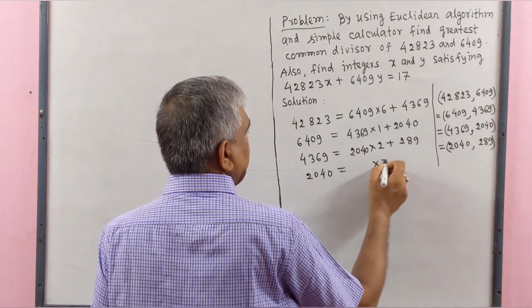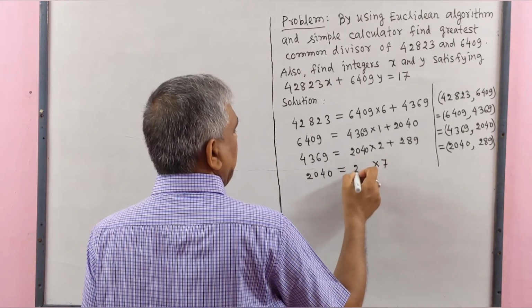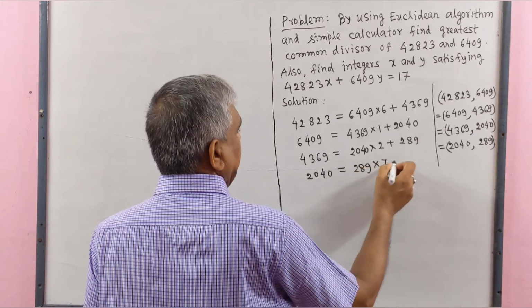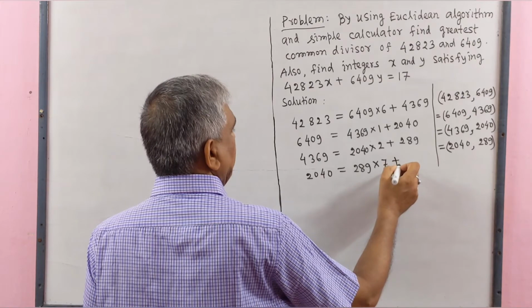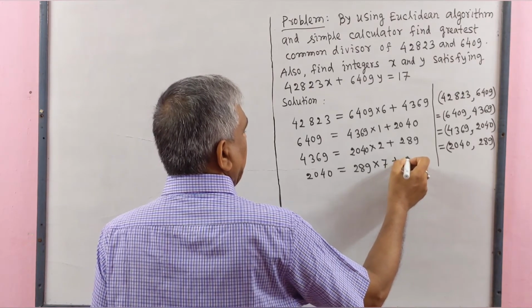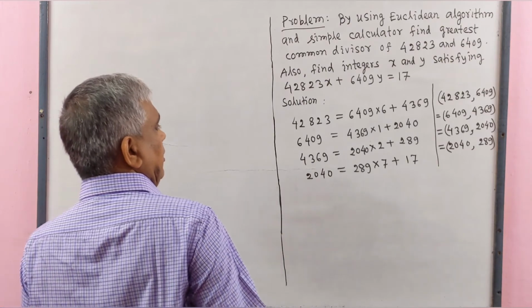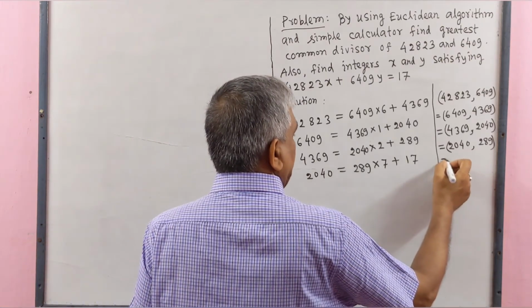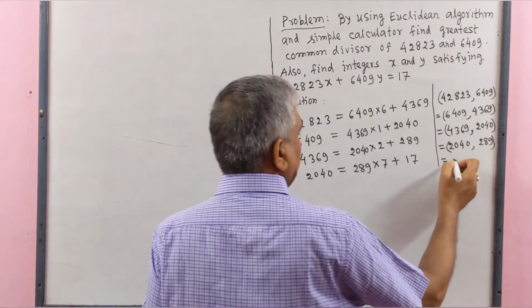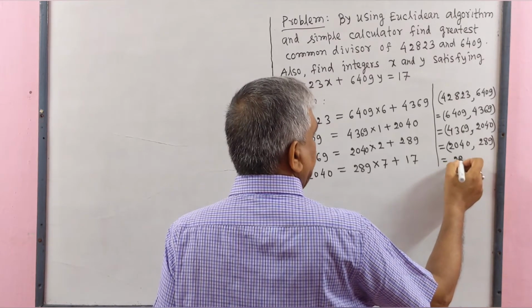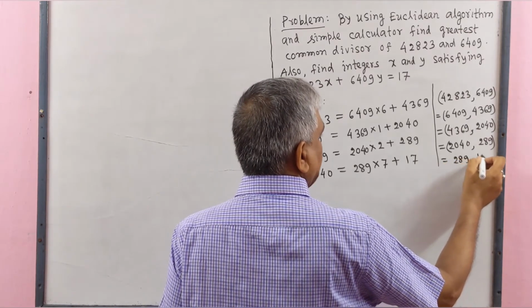So we write 7, 289, and the remainder will be 17. Therefore, this will be equal to the GCD of 289 and 17.